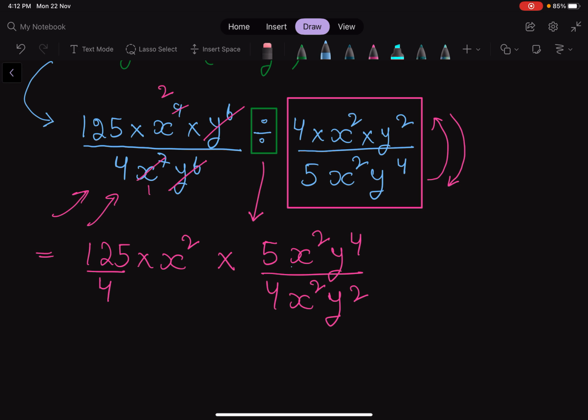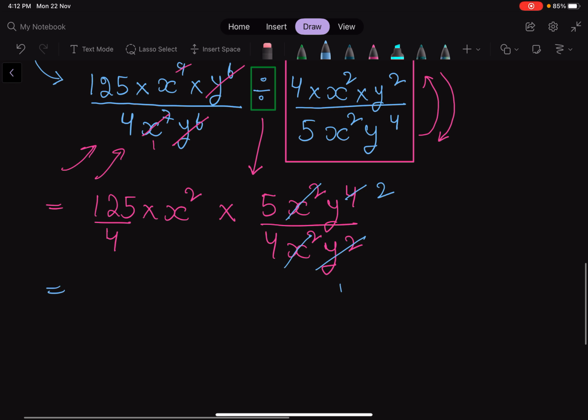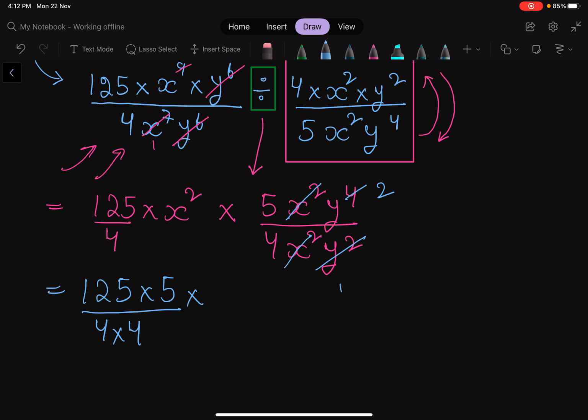so this x square cancels this x square, this y power 2 cancels this, so 4 minus 2 is 2, so the final answer is 125 into 5 divided by 4 into 4 into x power 2 y power 2.